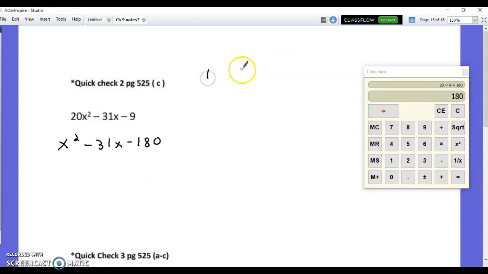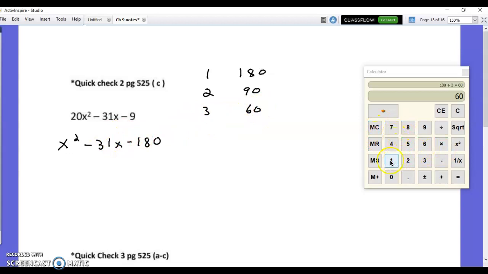So 1 and 180, I'm just going to list them off. I'm not going to worry about signs right now. 180 divided by 2, so we have 2 and 90. 180 divided by 3, so 3 and 60. So we're basically looking for a difference to where we can get to 31.